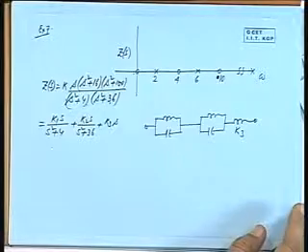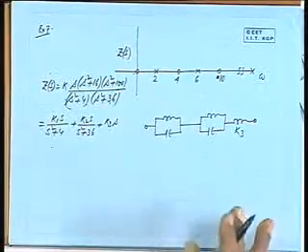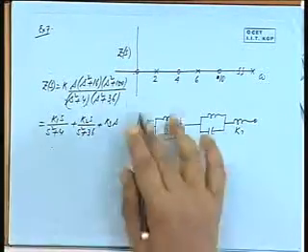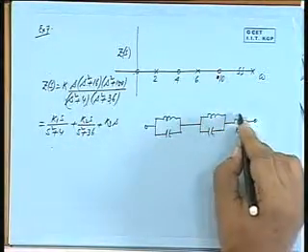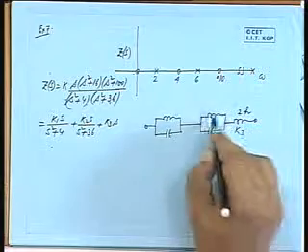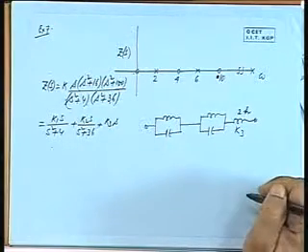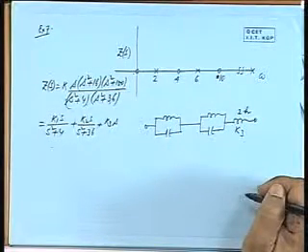Okay. Now suppose we give you in the Foster structure K3 equal to 2 Henries. What are the values of these?